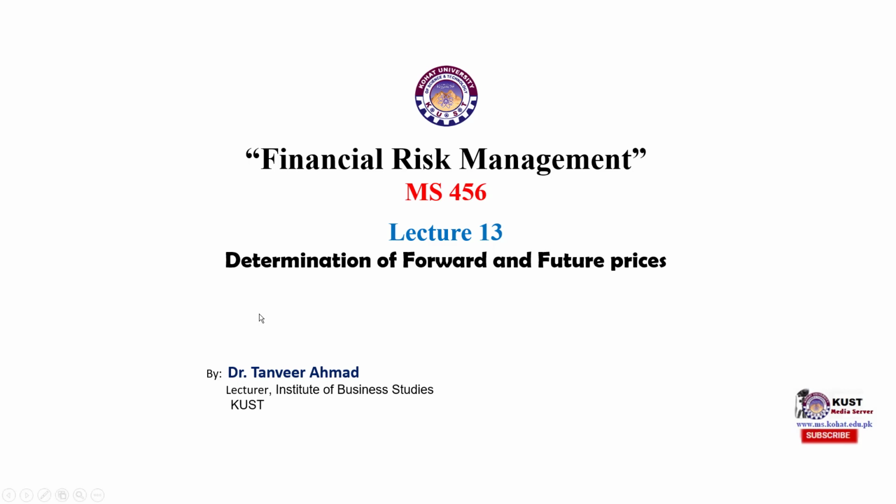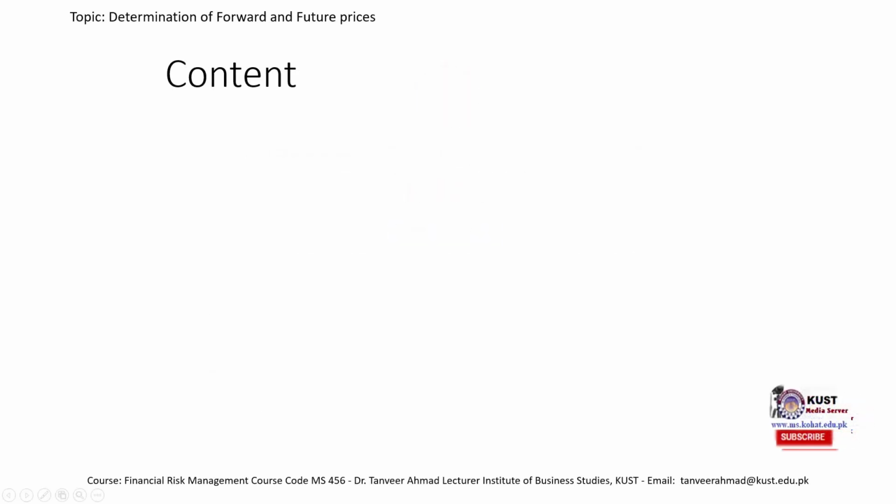Moving on to the contents, we are going to introduce you to the concept of forward pricing. Now remember, in previous chapters, in previous videos, we introduced you to the concept of a forward contract. Then we understood future contract, and then we had discussion on options contract.